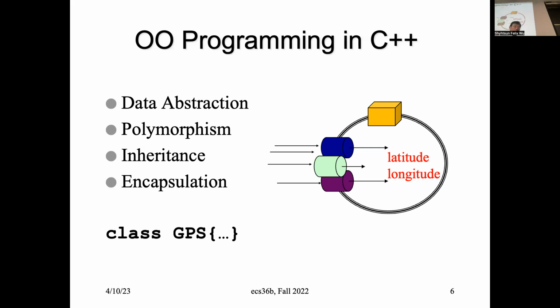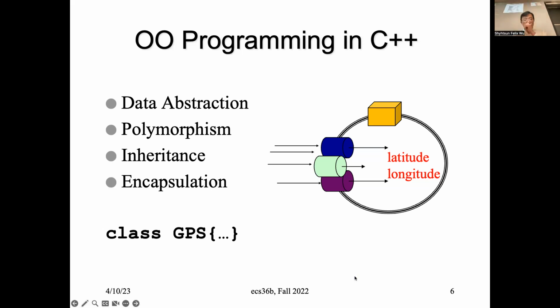The first one is called class GPS. GPS is a coordinate system. It stands for global positioning system. Basically, it looks at the satellites to decide exactly where we are. So you can imagine it's very, very useful.